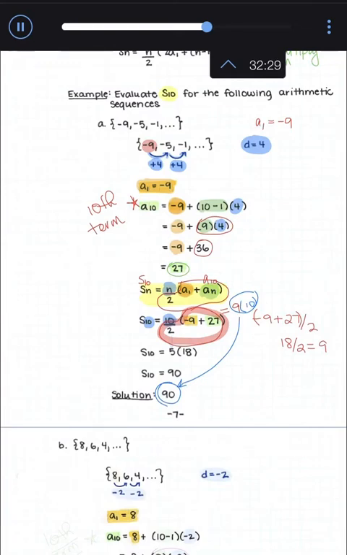I just like doing the averaging first, adding them up and dividing by 2, because it gives you a good pattern, and then just multiplying by the n at the end. The book in my math lab will most likely have you do the n divided by 2 first, and then add up the first and last numbers and multiply by the n over 2. It really doesn't matter. You do get the same number. So what is this 90? This 90 is the sum of the first 10 numbers of this arithmetic sequence.